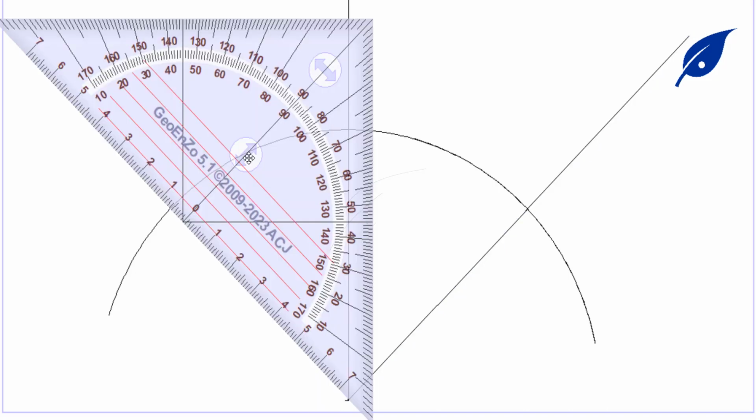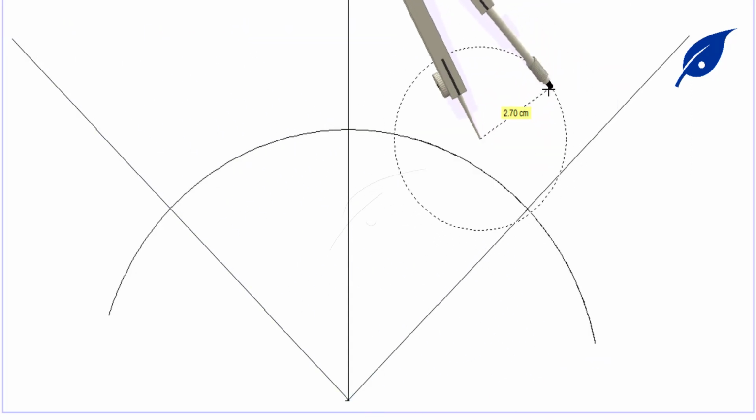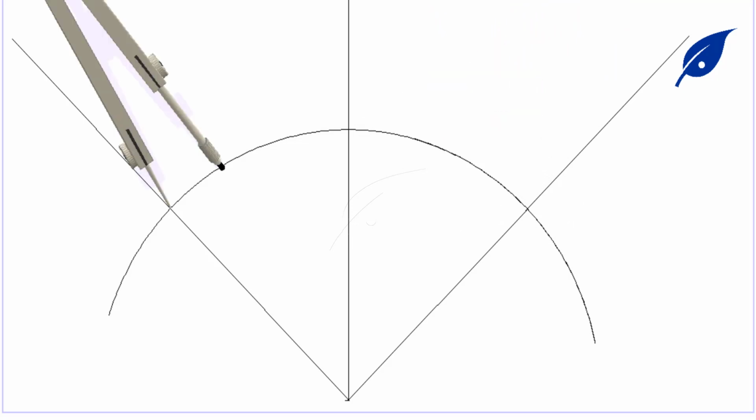So we take the other 45 this way. Now after getting this point, our total angle is 90 degrees.